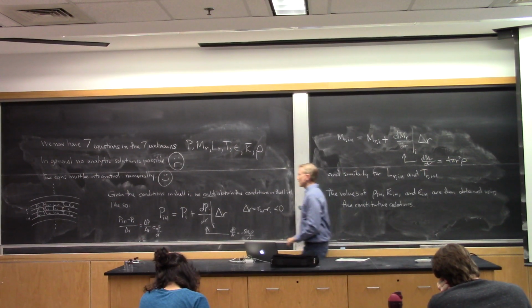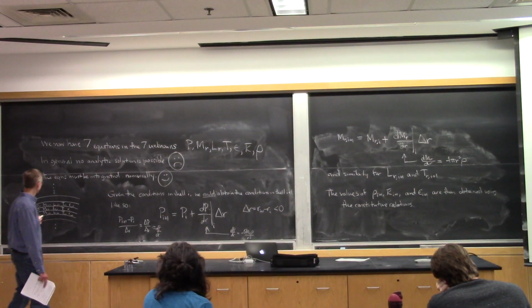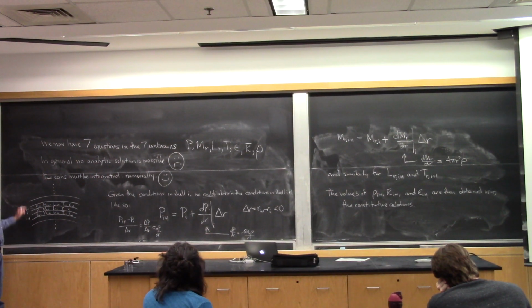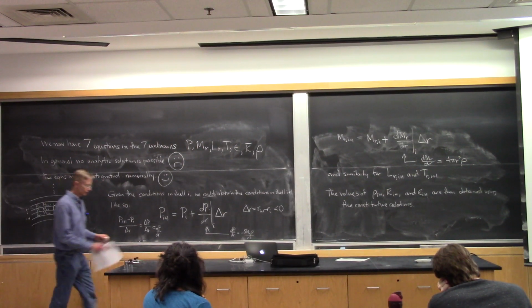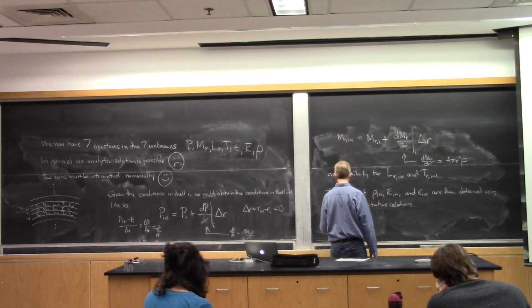So we have found all 7 variables. We've been able to find all 7 variables in shell i+1 if we know what they are in shell i. And we can just keep doing that over and over again. Now we're ready to move on to shell i+2.